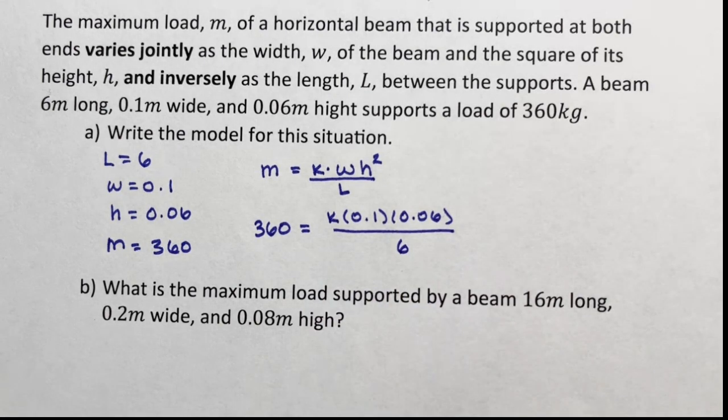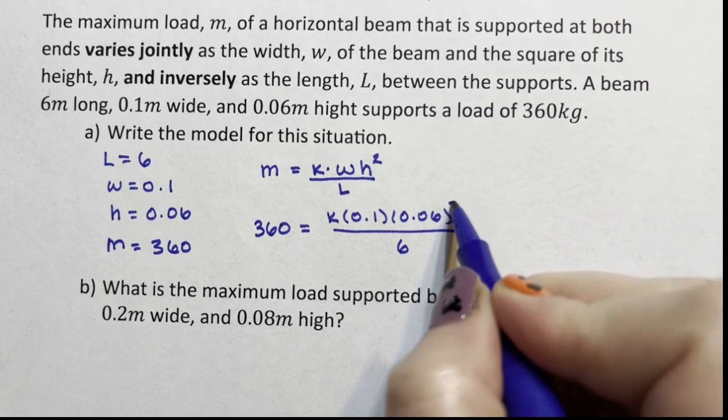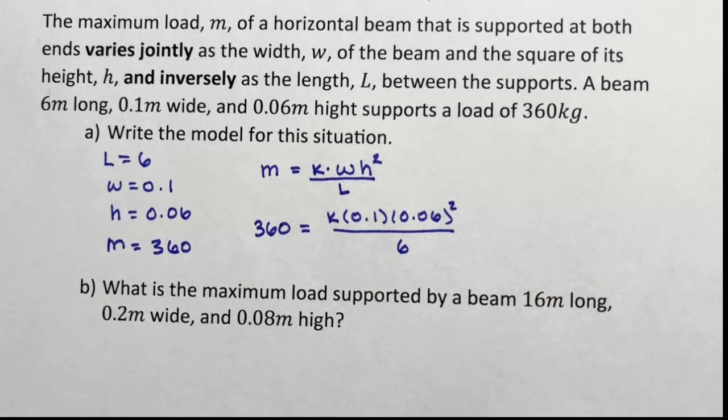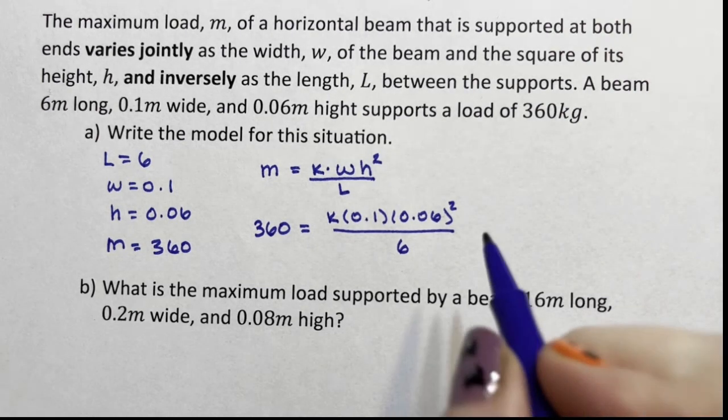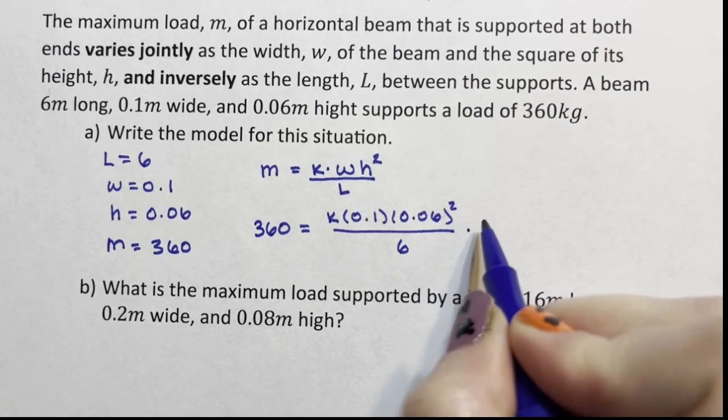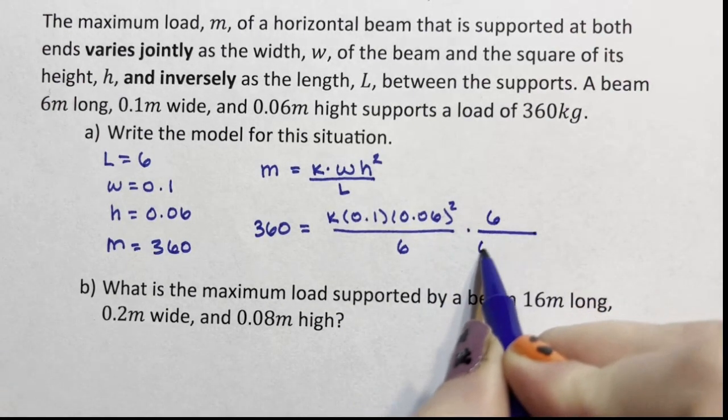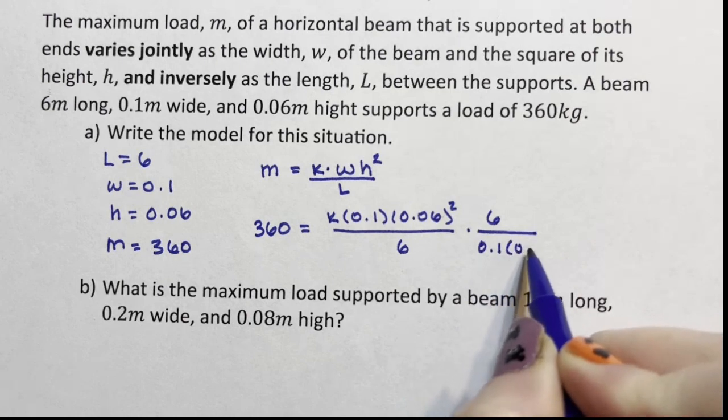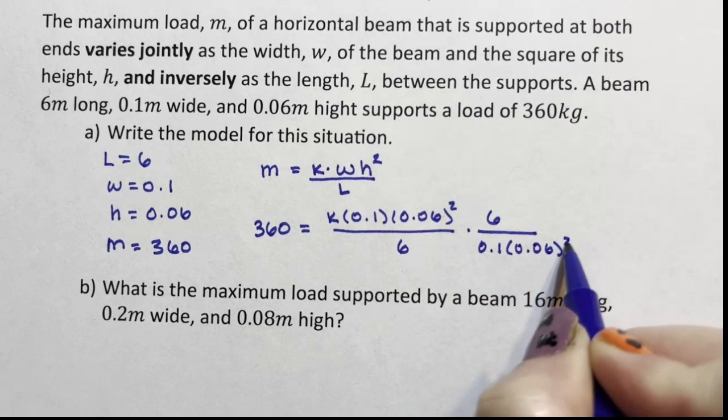All right, I could go ahead and multiply 0.1 times 0.06 squared divided by 6. I'm going to get a hugely tiny number because when you have small numbers divided by big numbers, they become smaller. I'm just going to actually multiply both sides by 6 divided by 0.1 divided by 0.06 squared.